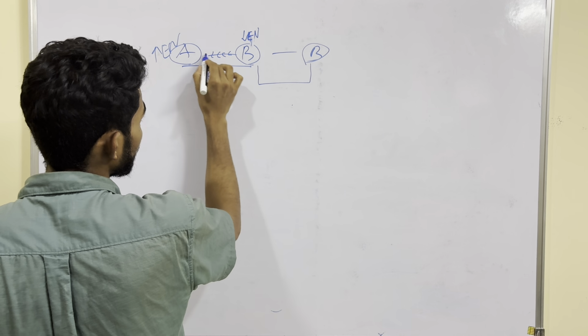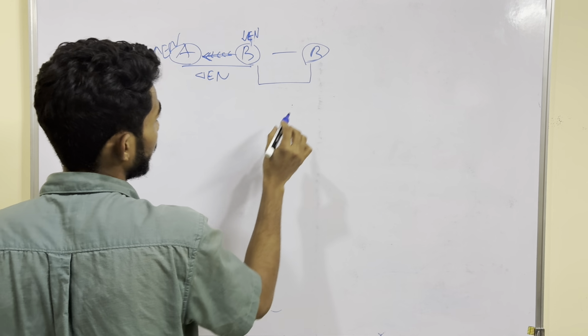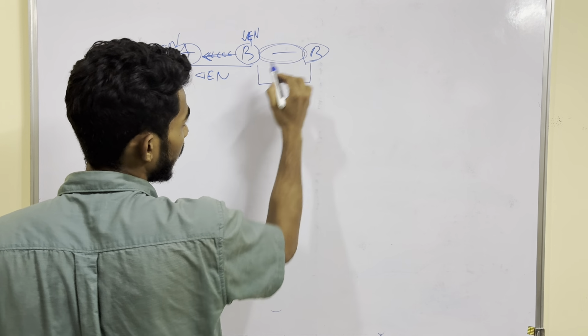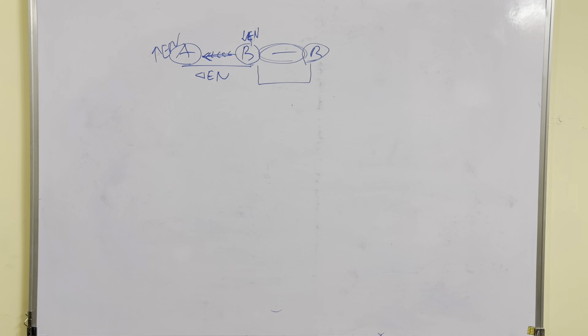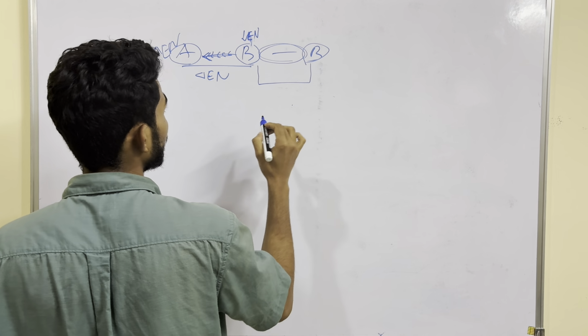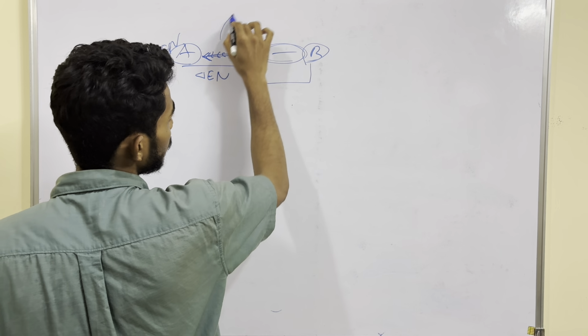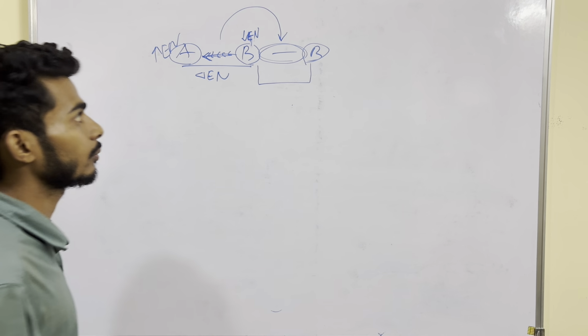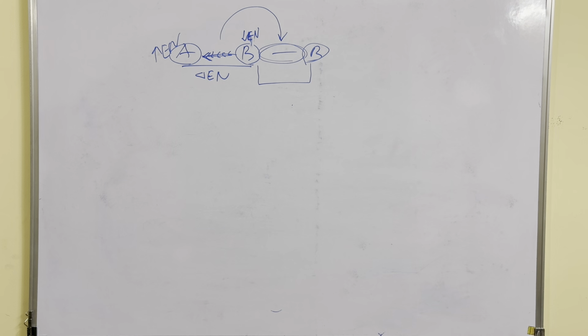Now, due to the presence of the polar adjacent bond, the polarity will also be induced on the non-polar adjacent bond. This induced polarity in the non-polar bond due to the presence of an adjacent polar bond is called the inductive effect.